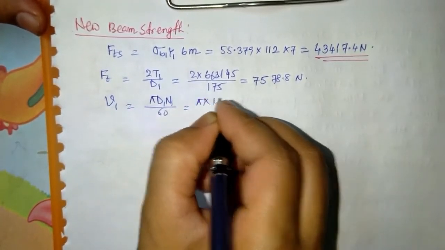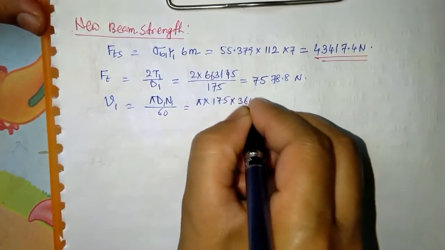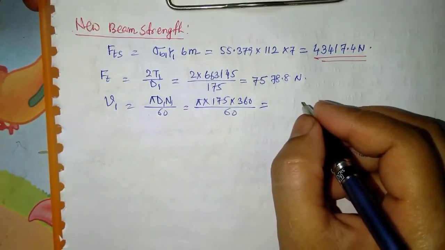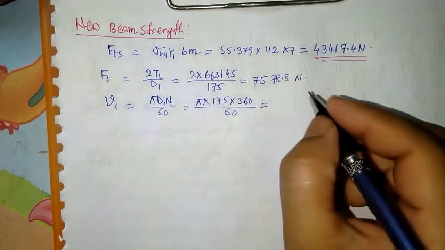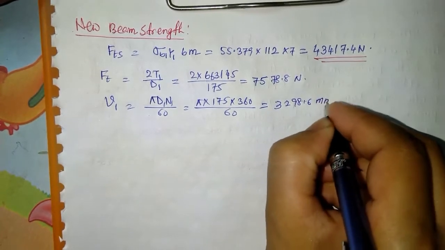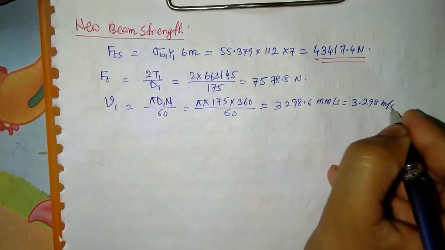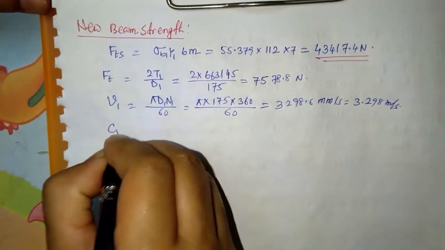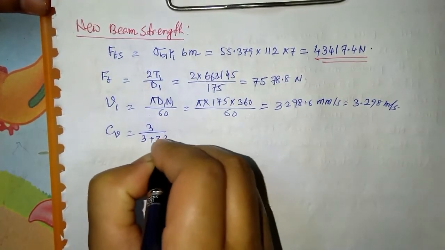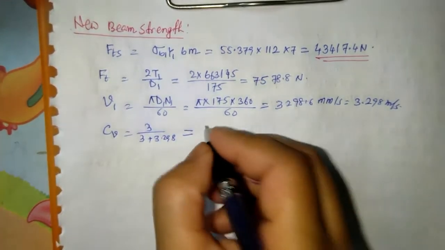So pi into 175 into 360 by 60, and this value of V1 is 3298.6 millimeter per second or 3.298 meter per second. Okay, so now we have CV as 3 by 3 plus 3.298.